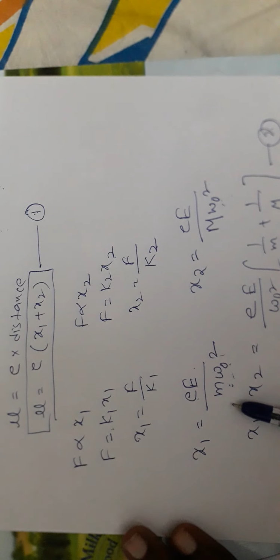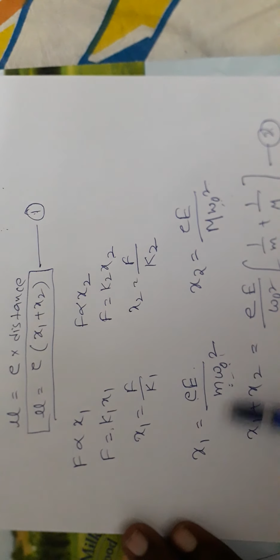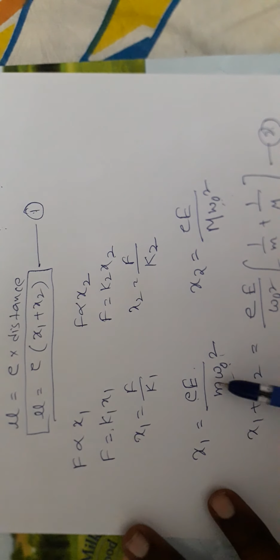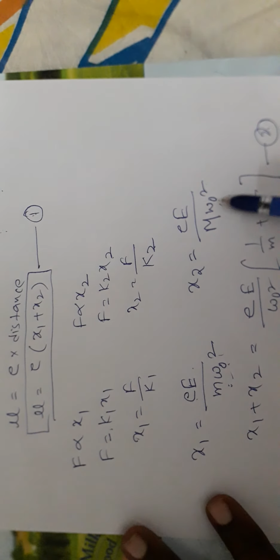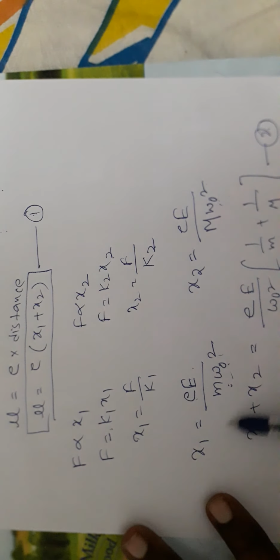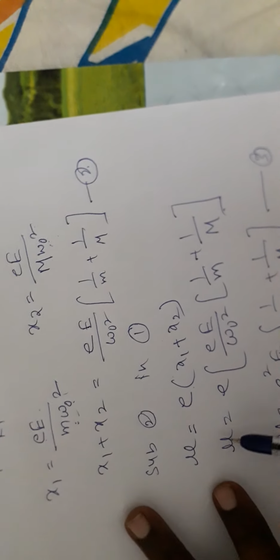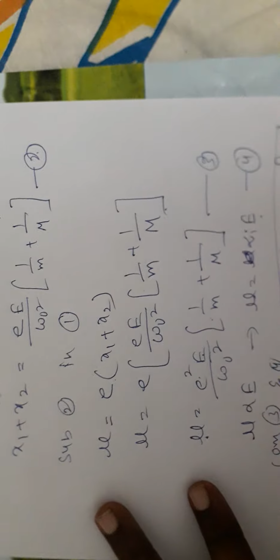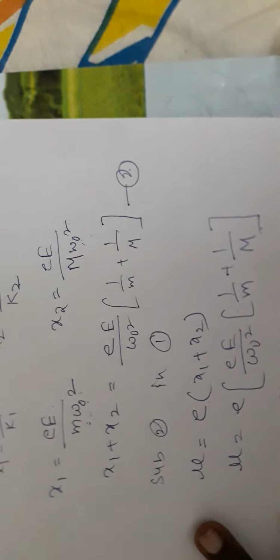This restoring force depends on mass and also angular frequency. So we write x1 equals E into E by m omega square and x2 equals E into E by capital M omega square, where capital M is the mass of the negative ion and small m is the mass of the positive ion. Substituting x1 plus x2, finally we get alpha I, the ionic polarizability.